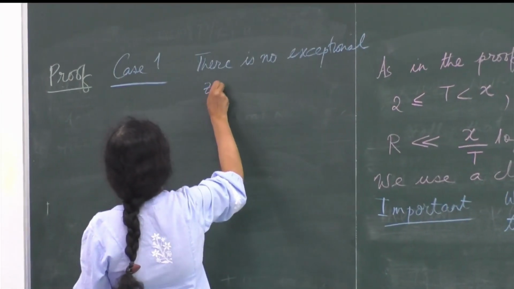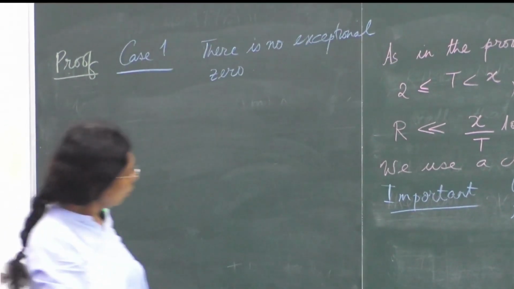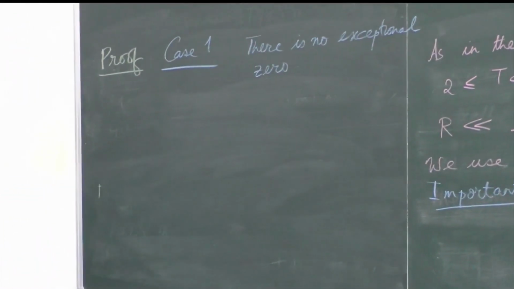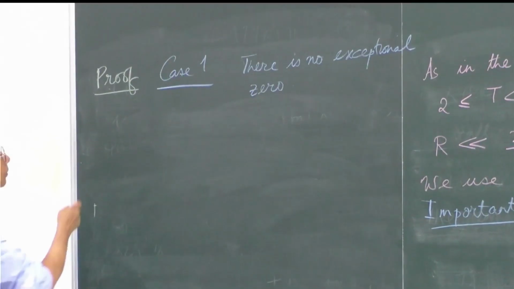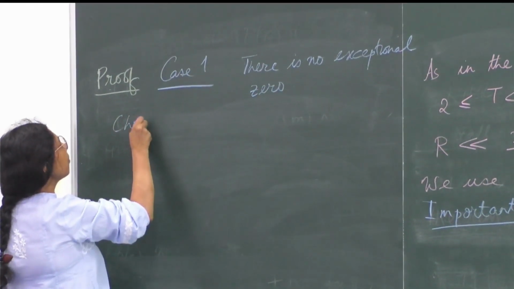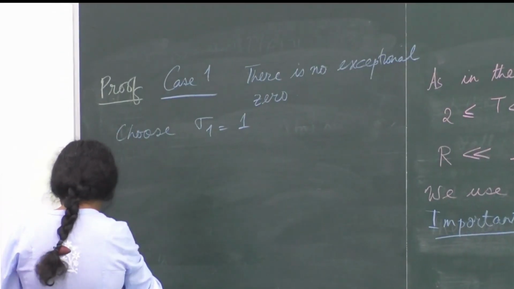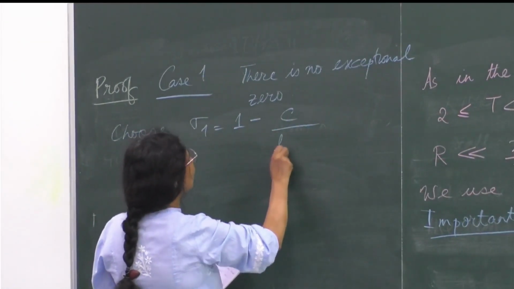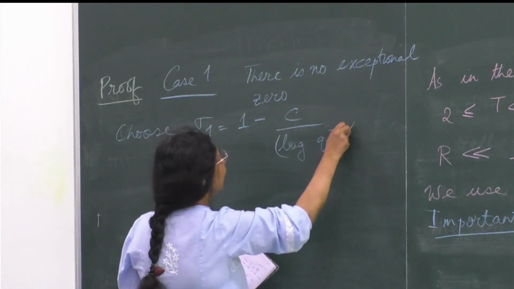All right. So now, what did I tell you? I told you that we will choose sigma 1. So let me choose sigma 1 to be equal to 1 minus C upon (log qt) to the power some alpha.